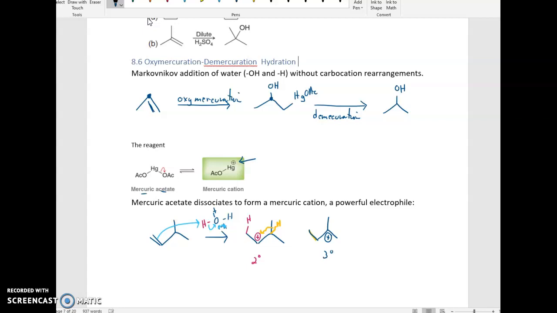And then our water comes in and reacts at this position instead of the position we'd have expected. We'd end up with a hydroxy at this position instead of this position like we'd expect. So the whole goal here is to avoid this rearrangement.